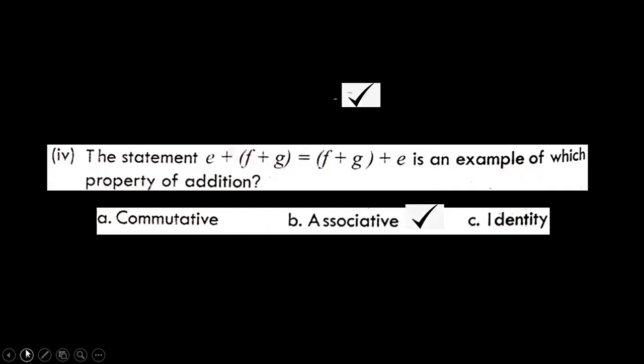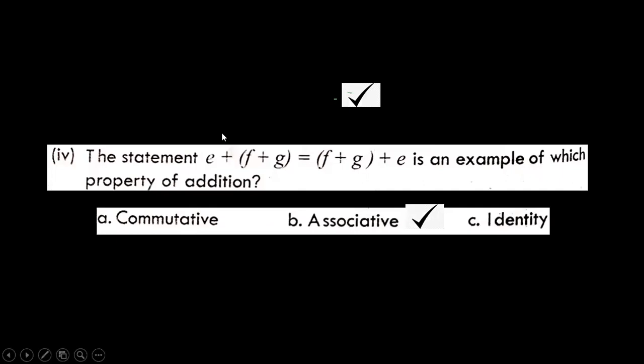Okay, the statement E plus F plus G equals F plus G plus E is an example of which property? It's commutative. Associative. For associative there are three elements.